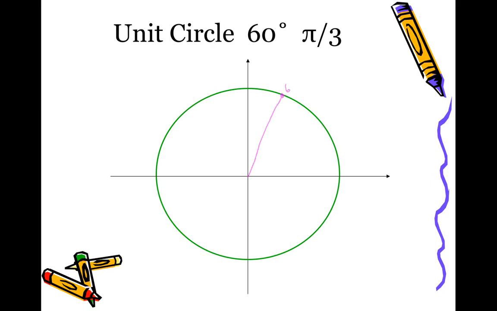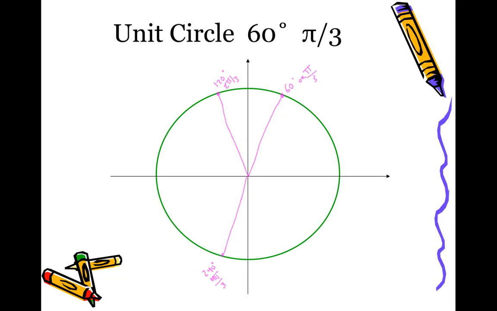Right, so this is going to be 60 or pi over 3. Its reflection right here, 60 degrees before you get to 180, is 120. That's 1/3, so there's going to be 2/3, 2 pi over 3. 60 degrees past 180 is going to be 240. That's a third past half a circle, so that's going to be 4 pi over 3.